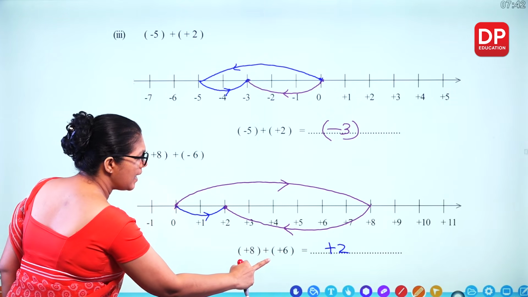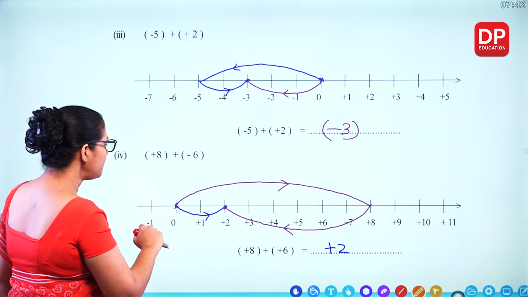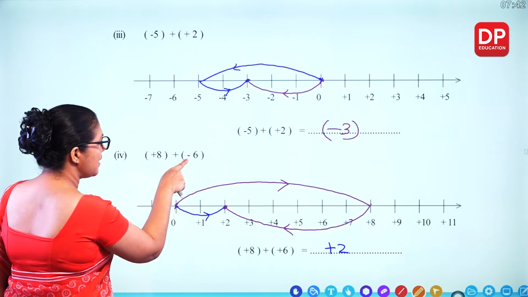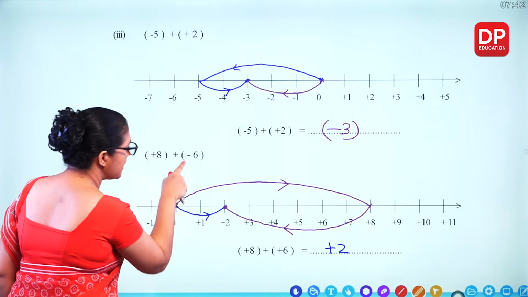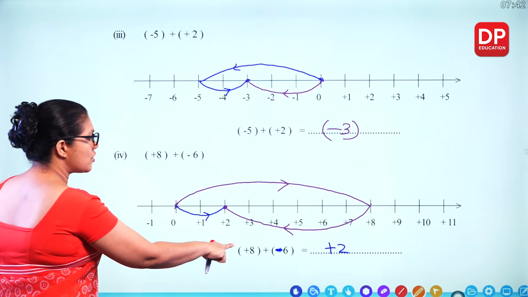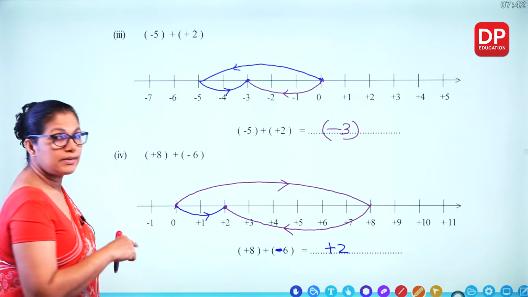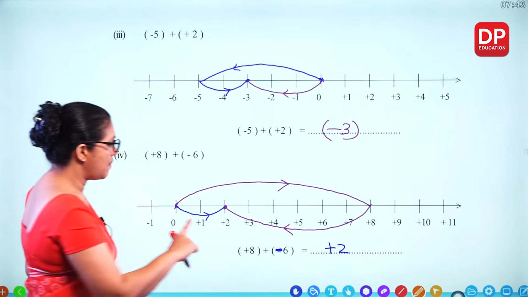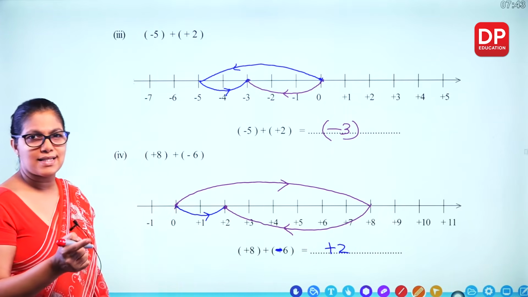Which one is bigger here? Here, there's a small mistake. This is minus 6. So, which sign is bigger? Plus 8 is bigger. So, this is plus.